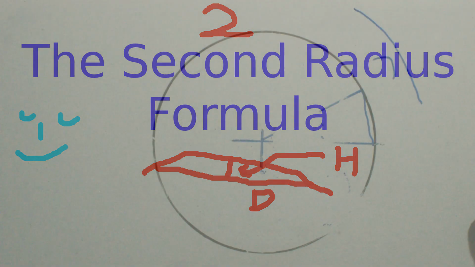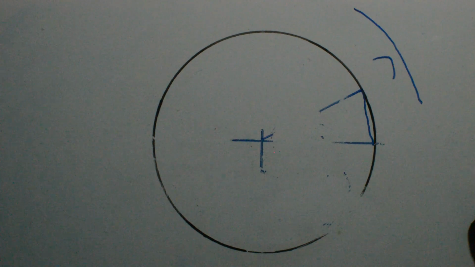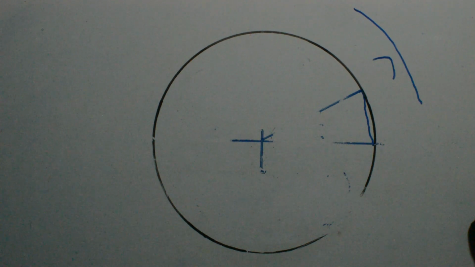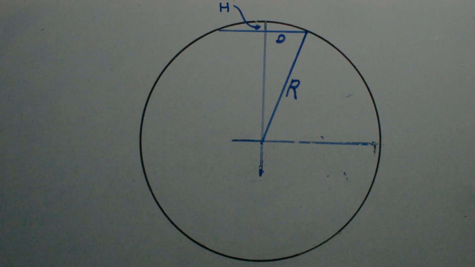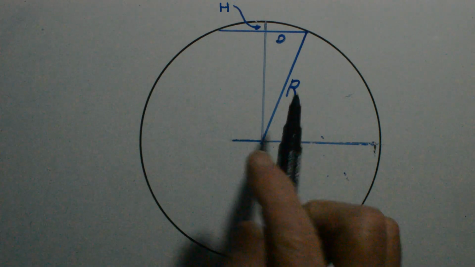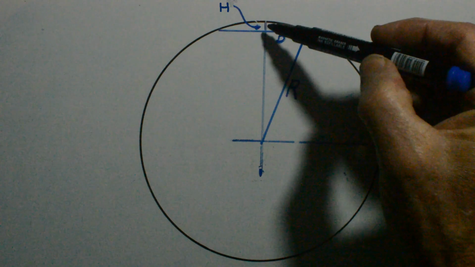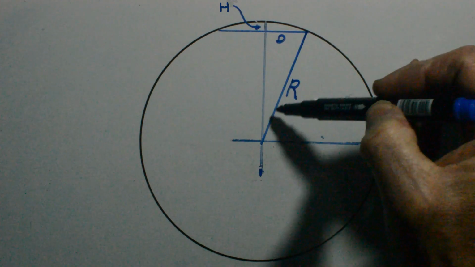The next step is to find another equation for the radius. Here we have a circle, and we have a chord. That is, we have a radius here and a radius here.